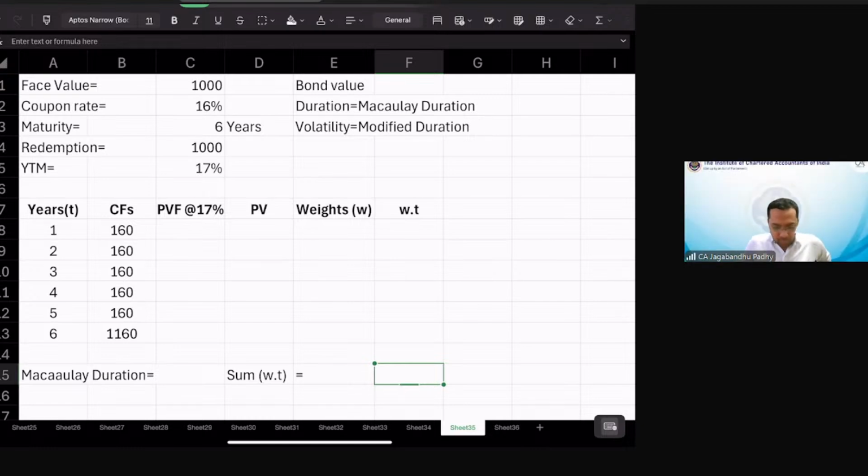Get the PV factors, PV, weights, and then weights into T, and calculate the Macaulay duration.